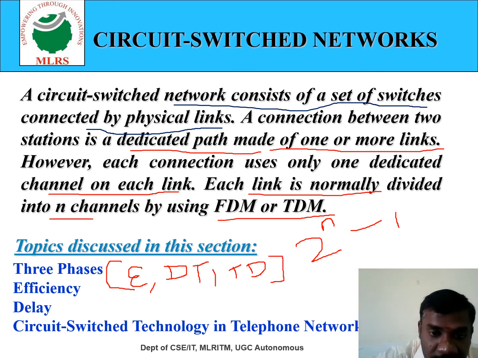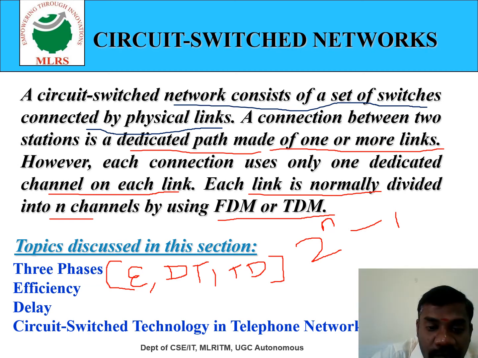Again, I am repeating: three phases are used in circuit switched networks. The first is establishing the connection, that means the setup phase. What is the setup phase? Before sending any signals, it must establish the route.